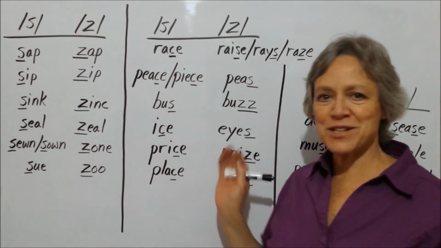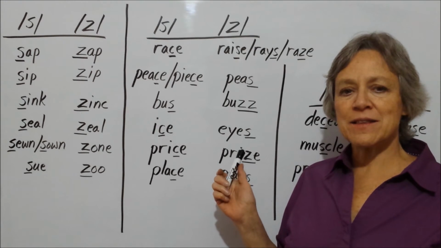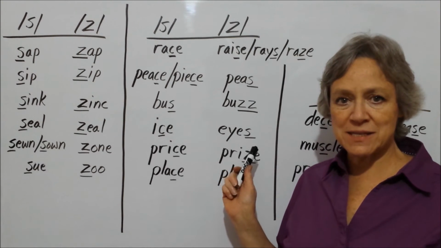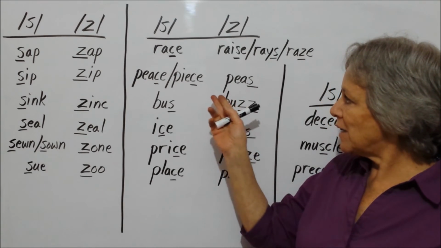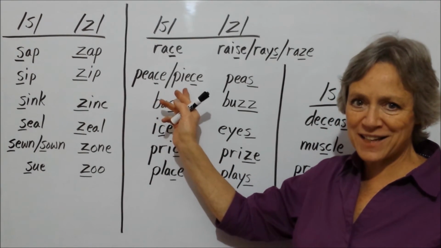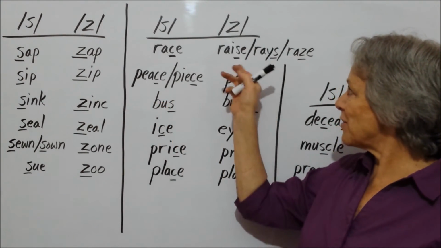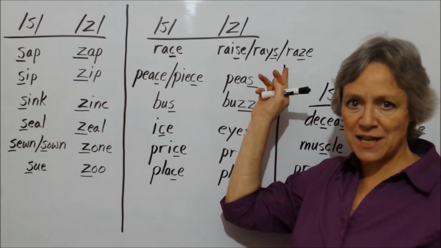Let's try the words in these two columns, and the sounds s and z occur at the end of the words. These two words sound exactly alike, and these three words sound exactly alike.